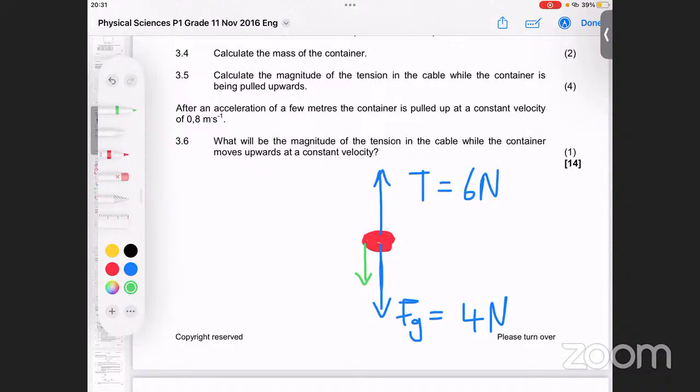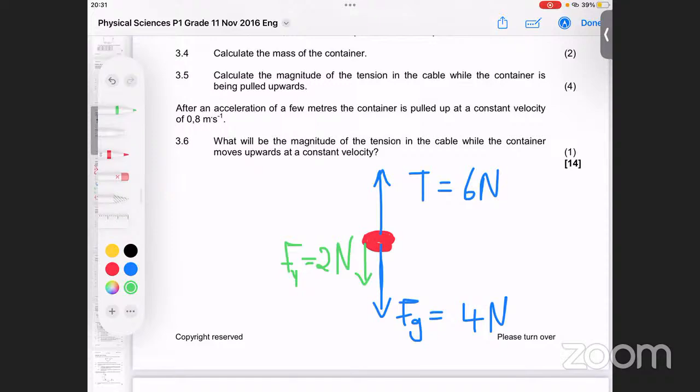So my question now is, how much is that downward extra force? So it's 2 Newtons. Yes. So that means that extra downward force is going to be 2 Newton. We may not know what that extra force comes from, but we just know there is that extra downward force so that these up and down forces balance and this thing is stationary.